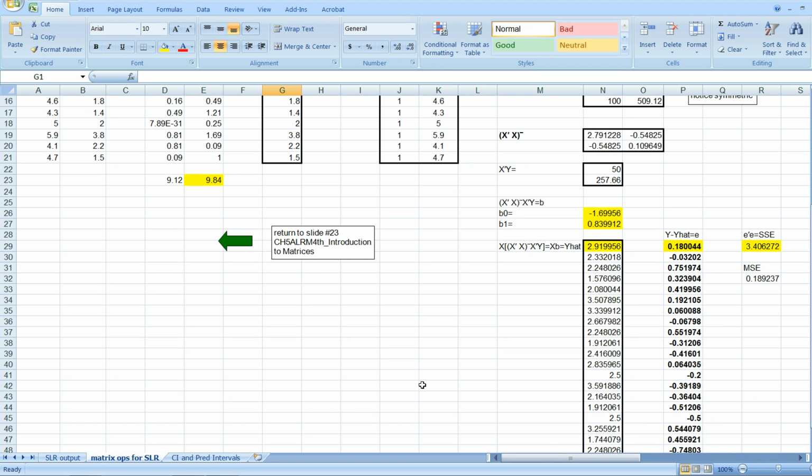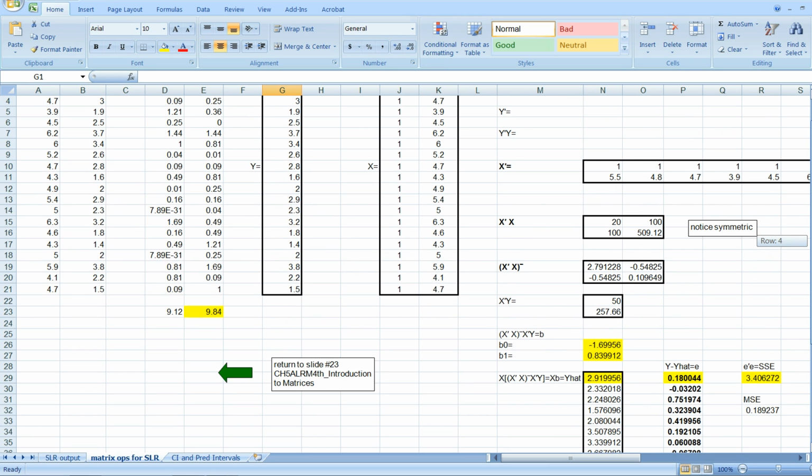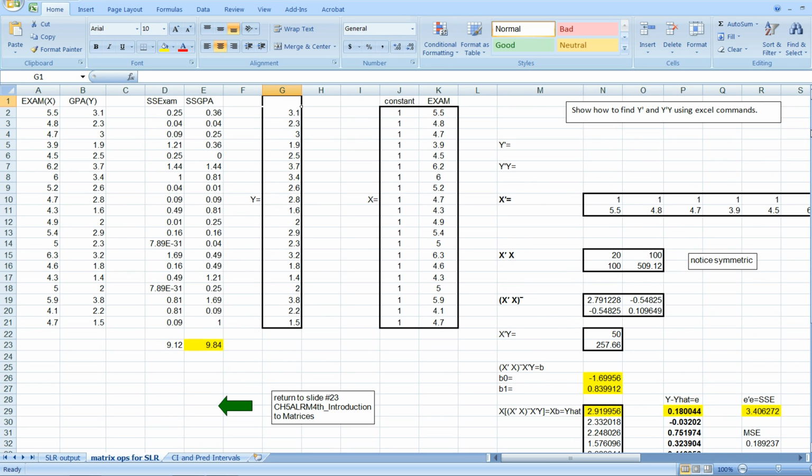Well, let's go to our Excel spreadsheet. We've already seen it, so you can call this Excel workbook up. It's called GPA Exam Matrix Ops, and it's posted in the lesson section of our book.